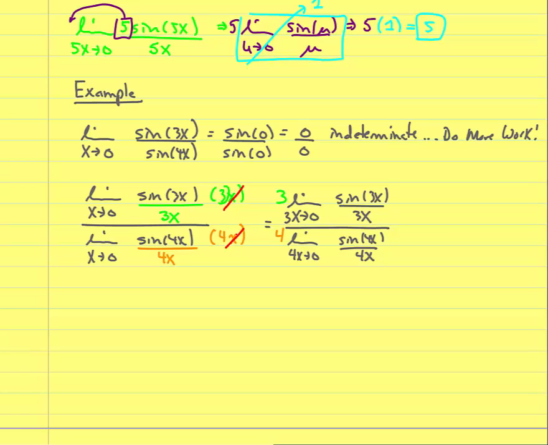So basically what I have then is for each of these pieces, this limit piece I can rewrite. So I have the 3 out front. Then I have the limit as u approaches 0 of the sine of u over u.